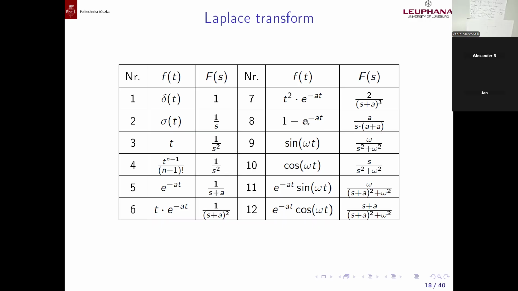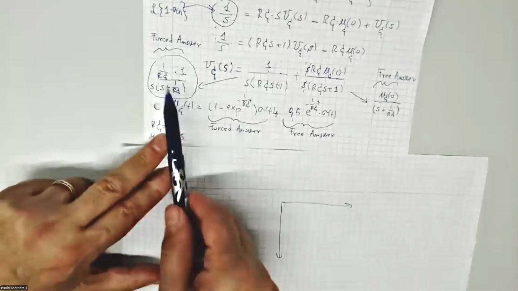Now, in our case, A is 1 divided by RC. Please pay attention here. It is S. A is correct here, but this is S. It's a shame, also this error. Excuse me, the first A is S. Now, coming back to our calculations, our A is 1 divided by RC.